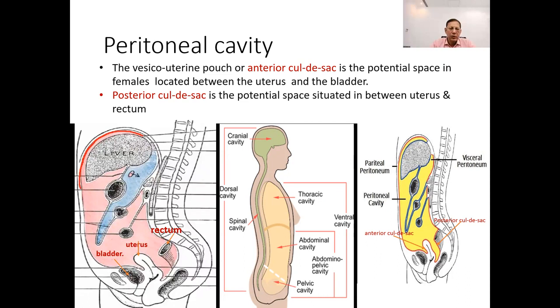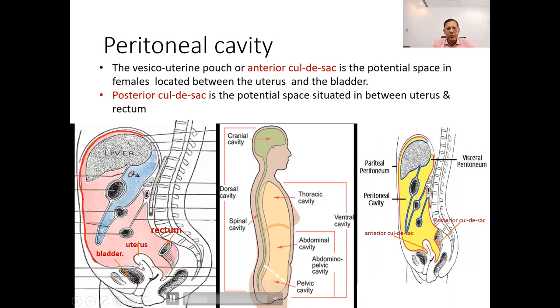Here it is more explained. This is bladder, and this is uterus, and this is rectum. So we have already seen that this space is the anterior cul-de-sac in females, because the anterior cul-de-sac and posterior cul-de-sac will not be seen in males, because they don't have the female reproductive organs.